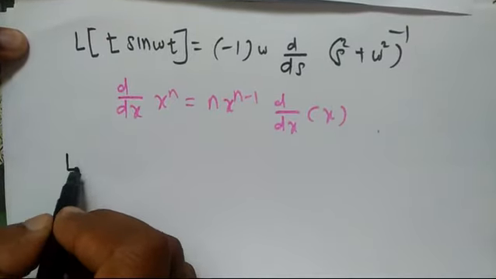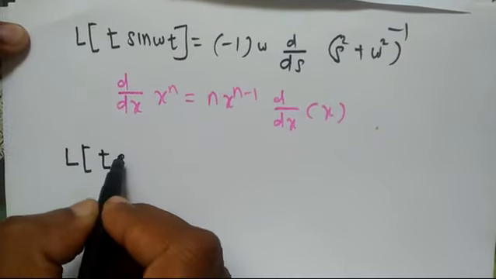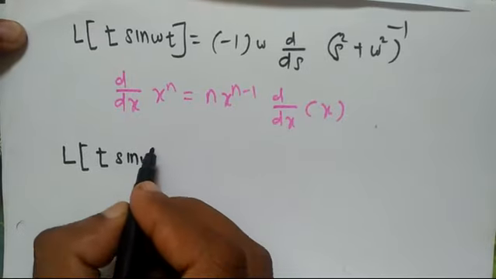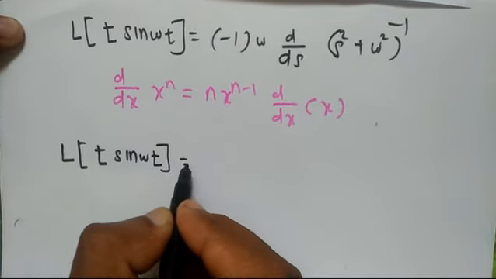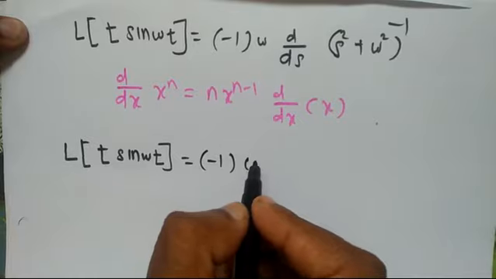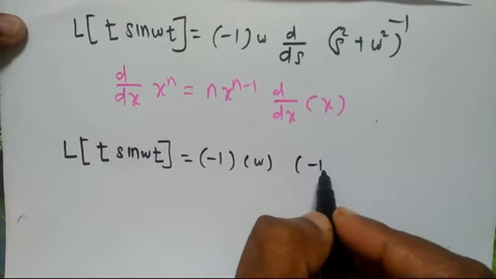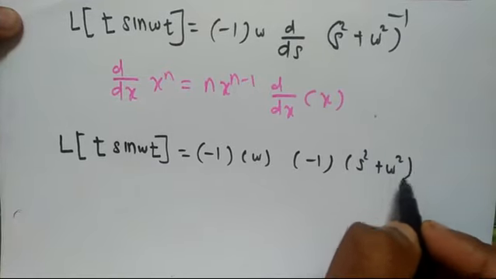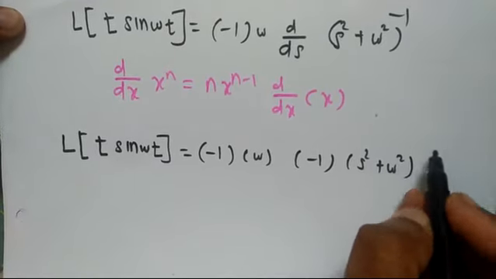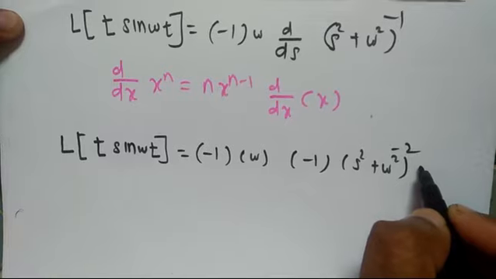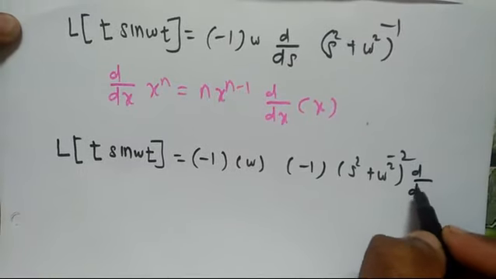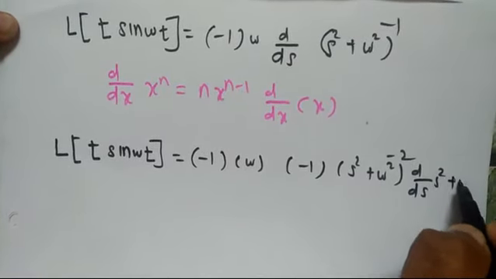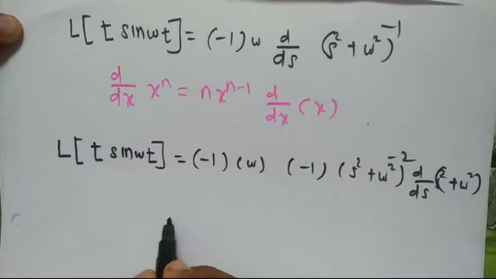Hence Laplace transform of t into sin wt is equal to minus 1 w, so this power shifts to that side, (s square plus w square) to the power minus 1, and d by ds of s square plus w square.